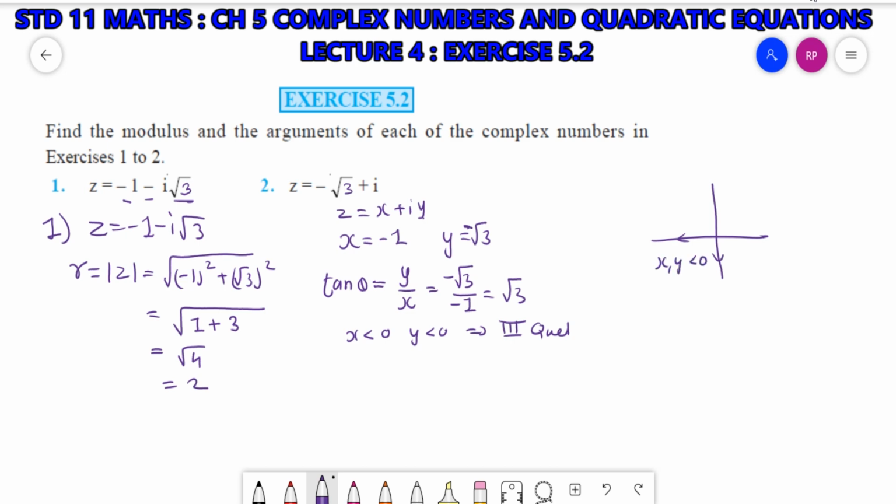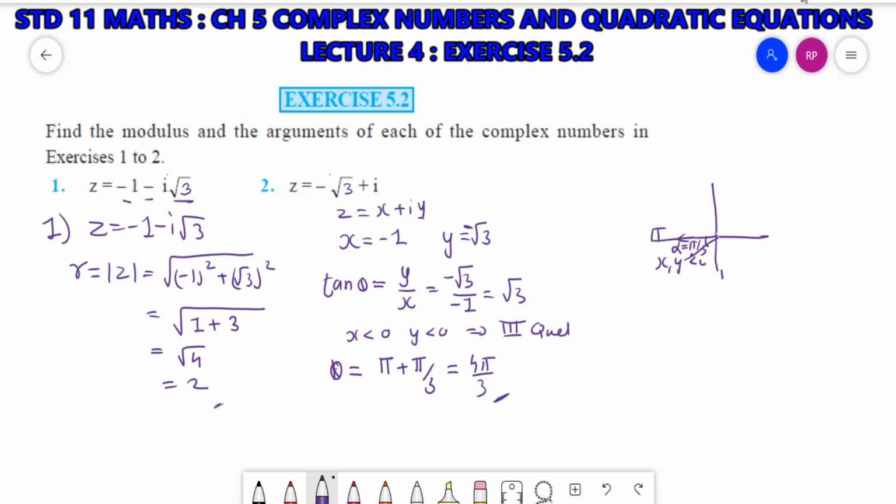So in the third quadrant, it will be pi plus alpha. Here alpha is equal to pi by 3. So theta equals pi plus pi by 3. So the answer is 4 pi by 3.